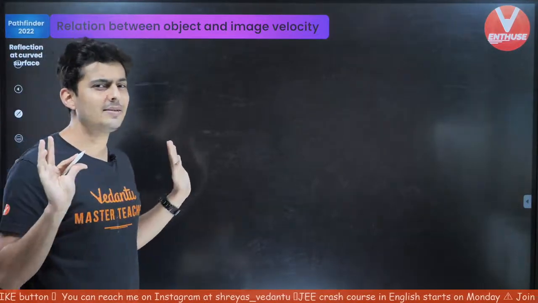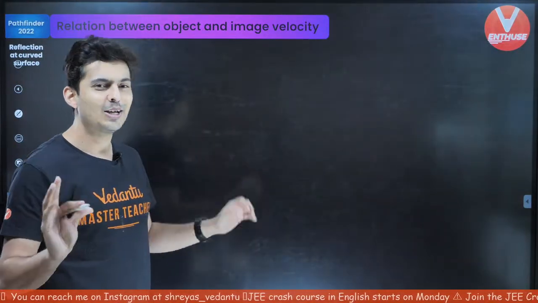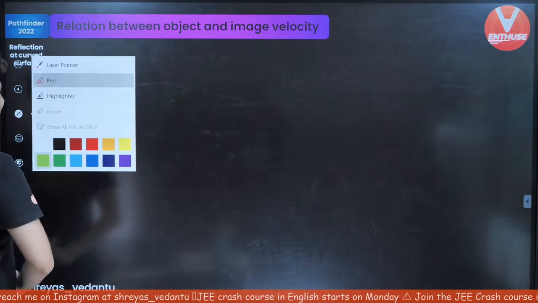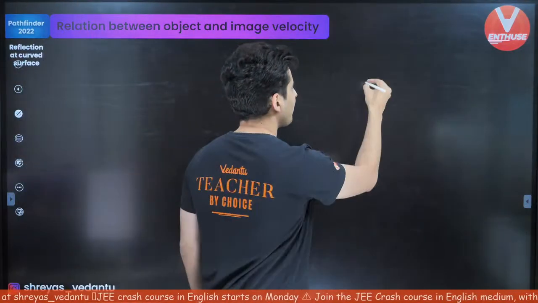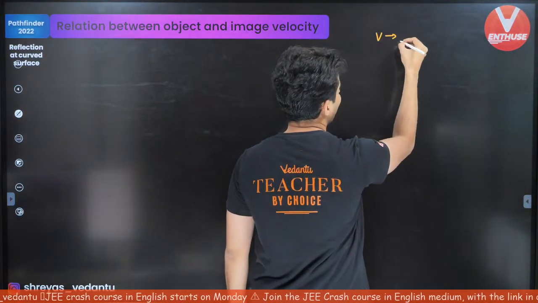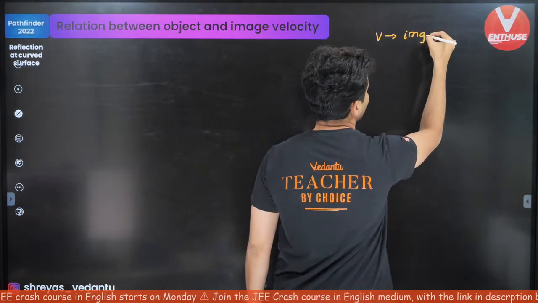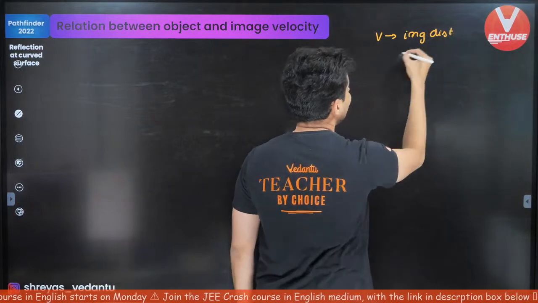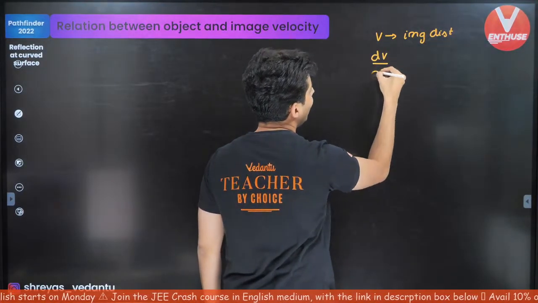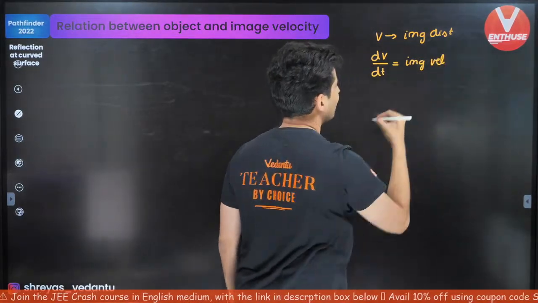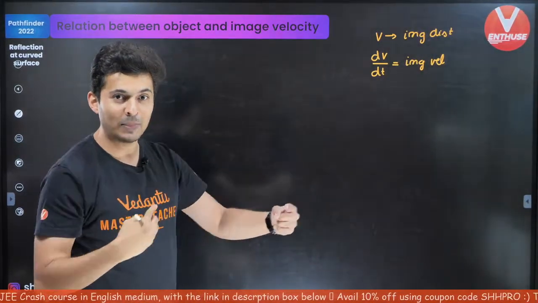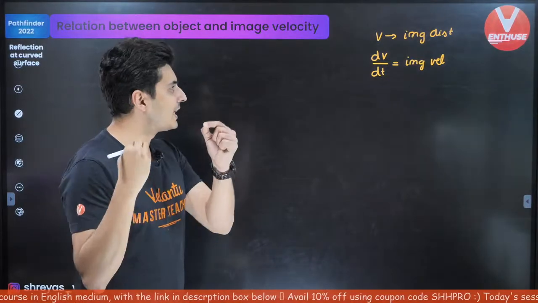And there is a very easy way to find that out, believe me. All you need to do is differentiate. I'll tell you why. See, if V happens to be image distance, then dV by dt will become image velocity. Rate of change of image distance will become nothing but image velocity.